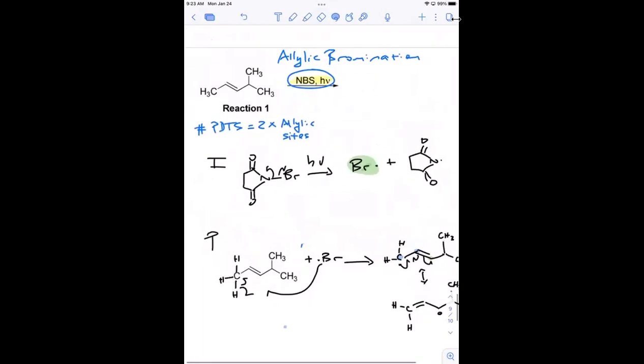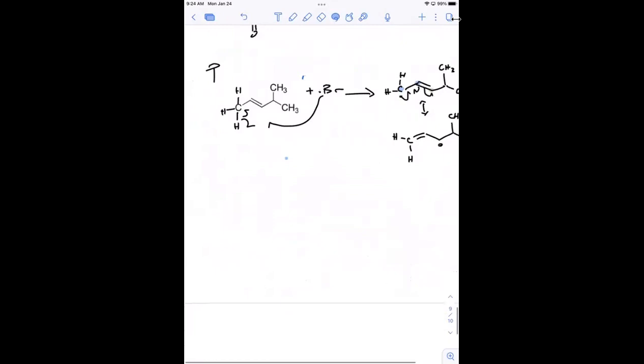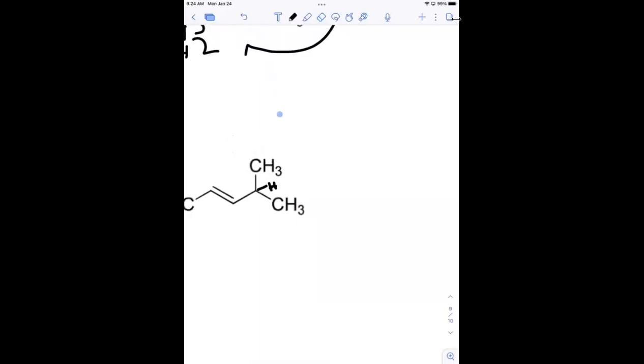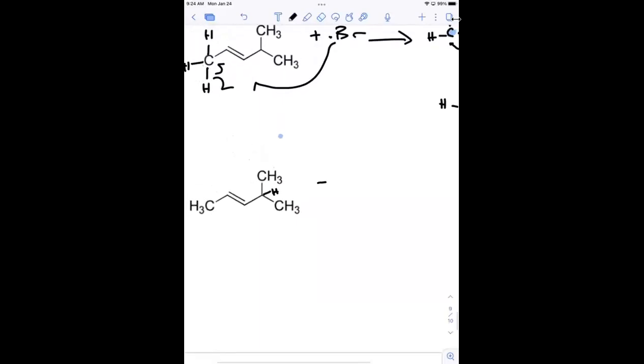Actually, let me just steal the one from the top. All right, so now we're going to work on this end right here. We know we have a hydrogen here. All right, so that's where my reaction is going to take place. That's where the abstraction is going to happen.